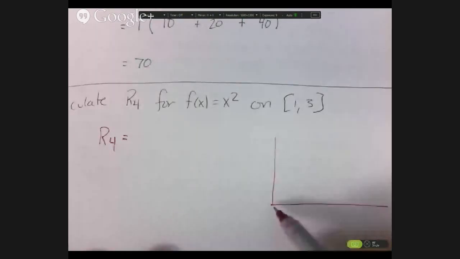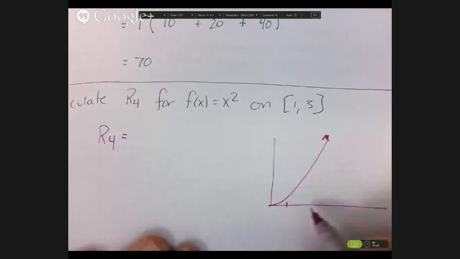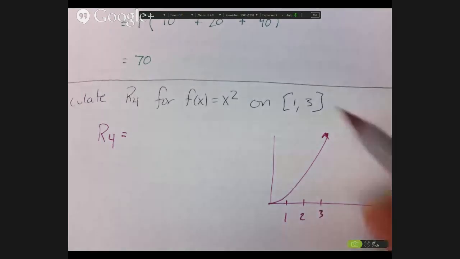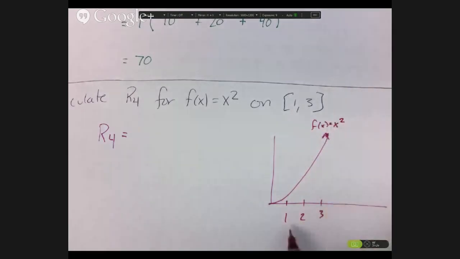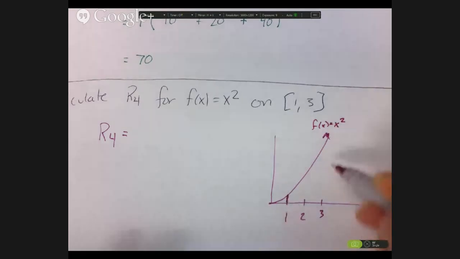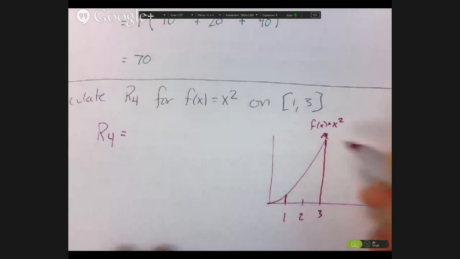So I guess let's draw the picture here. If that is x squared, right? I want from 1 to 3. I need 4 intervals.